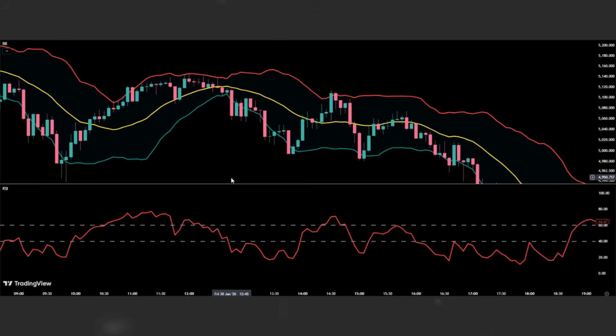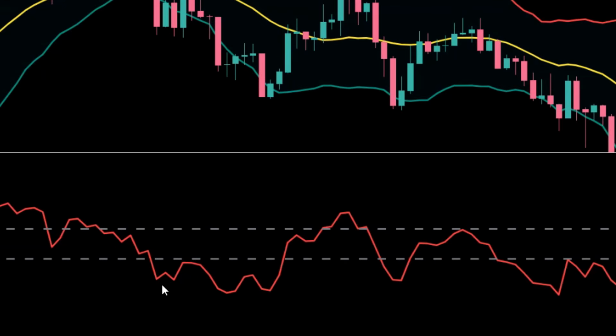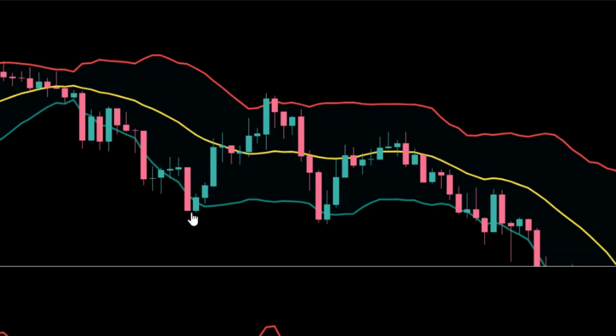Now let's see a sell example. Again, we start by looking at the RSI. RSI is below 40, which means the trend is bearish, so we only consider sell trades. Next, look at the Bollinger Bands. Notice how the price moves up and touches the upper Bollinger Band. We don't enter yet. We wait for the price to come back inside the band.